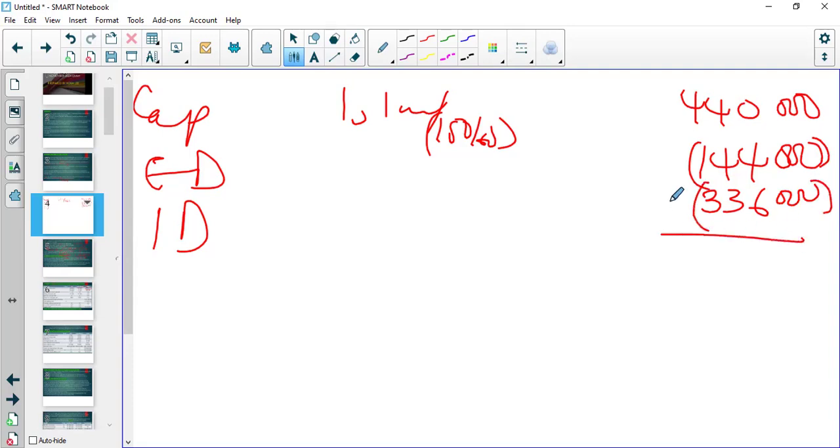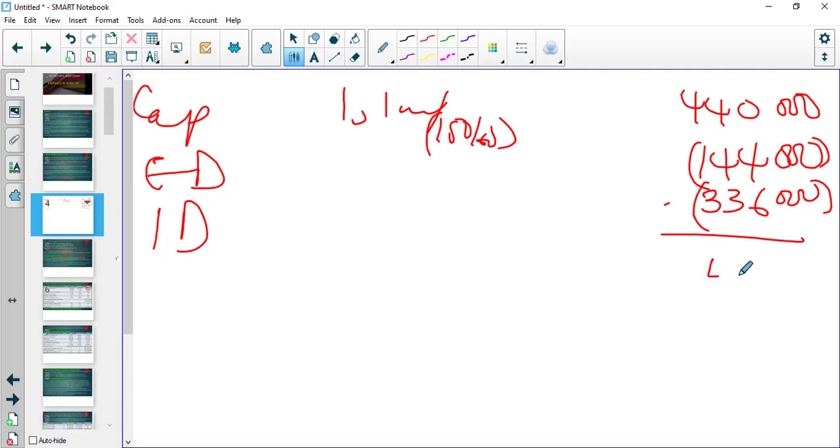But because we're prioritizing the internal, any deficit is going to go to the external. We have to satisfy the internal department first. So we have 440,000. Then we subtract 144,000, then we subtract 336,000.